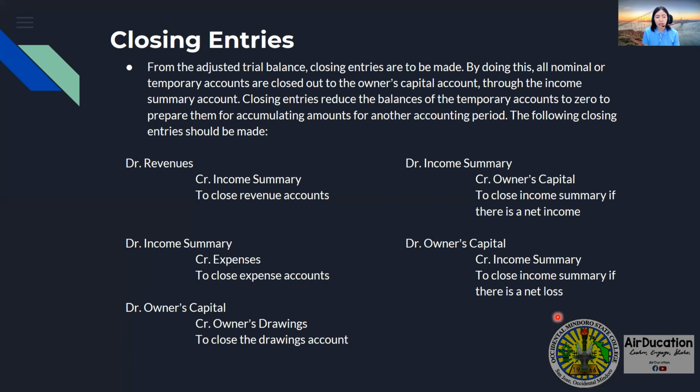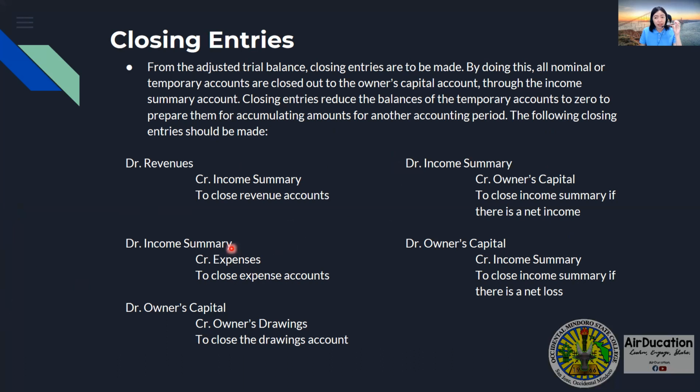Okay? So, paano i-close kapag revenue account? Kapag revenue account ang close natin, of course, babawasan na natin si revenue. Debit na natin si revenue, credit na ang income summary account. Ganon din si expenses, no?